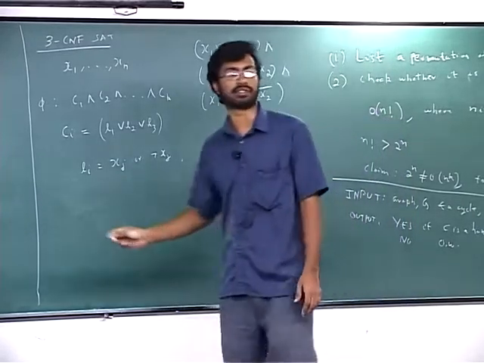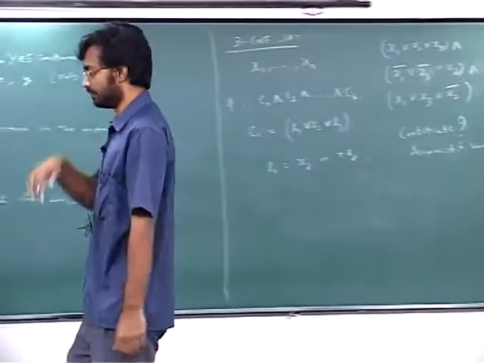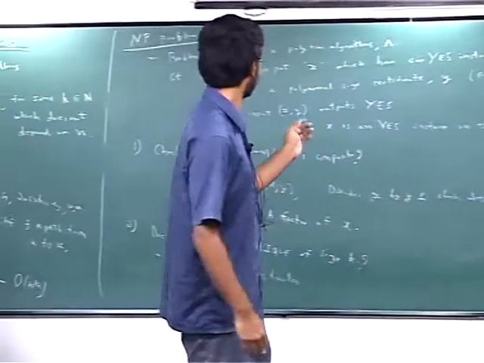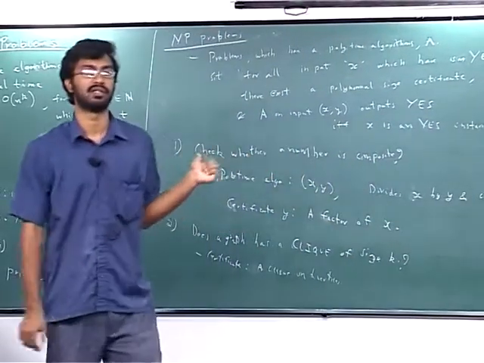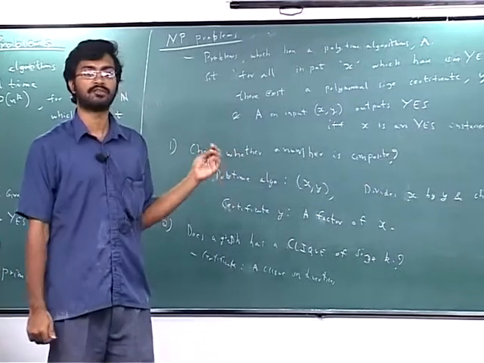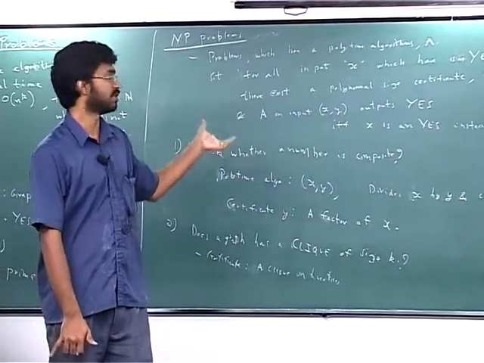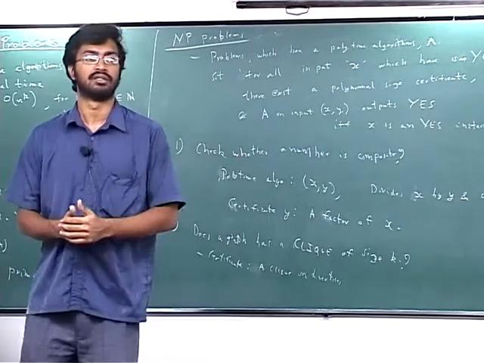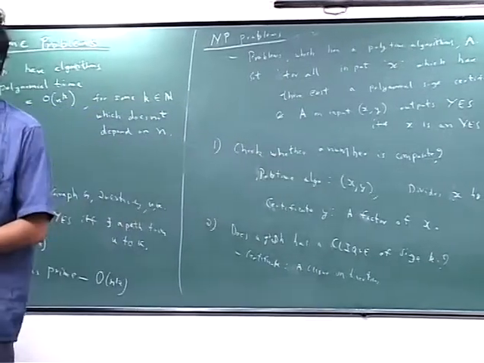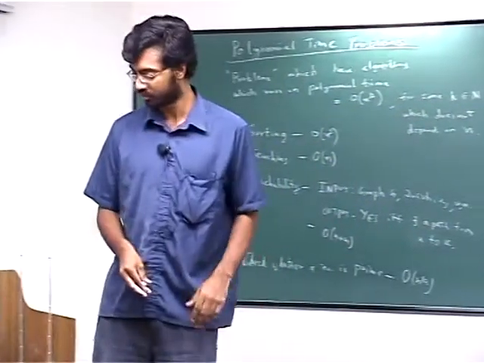So then we can easily check. So that is a certificate here. All these problems which we have looked at are problems which are in NP, because they have a certificate of polynomial size, and there is an algorithm which, given the certificate and the input, can check whether it is a yes instance or not.